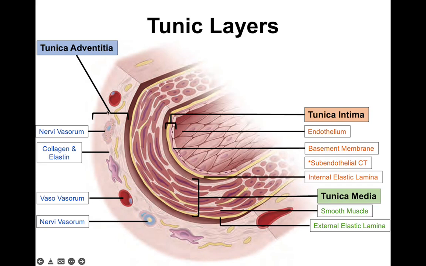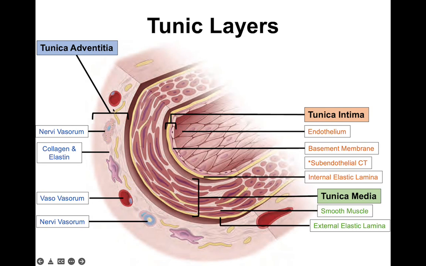And the tunica adventitia is a connective tissue, so it contains fibroblasts, and these fibroblasts will produce collagen and elastic fibers. And there are also blood vessels and nerves in the tunica adventitia. So the tunica adventitia is the most external layer, so it can't get nutrients from the lumen by simple diffusion.